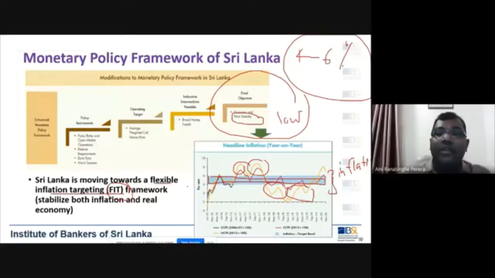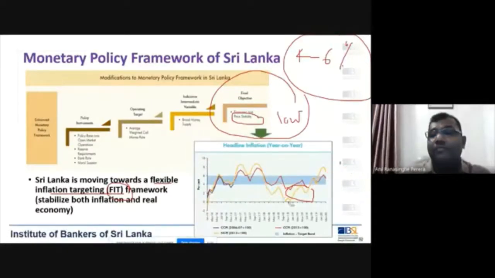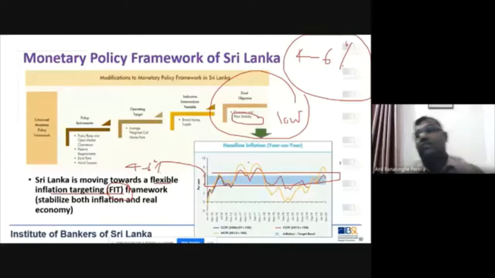We are trying to maintain this band 4 to 6%. I'll erase it. So we are trying to maintain our inflation within this band 4 to 6. That's why you call it flexible inflation targeting.